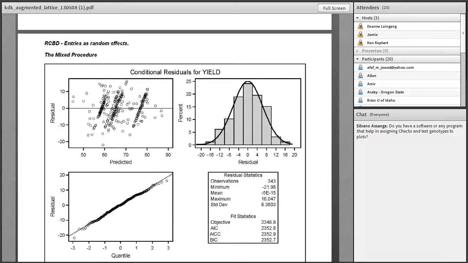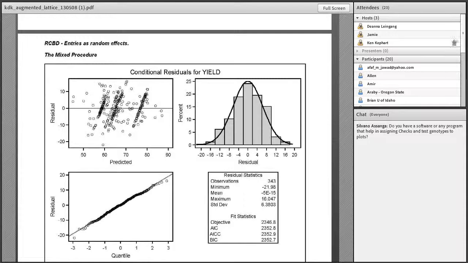Okay, so taking this analysis, I also wanted to look at how we were doing in terms of discerning differences in our fixed effects. Here you can see the probabilities of a greater F for check entries and for unreplicated.